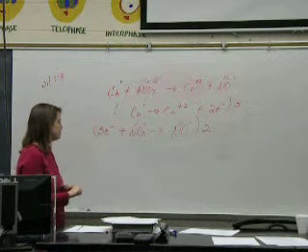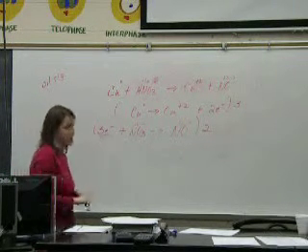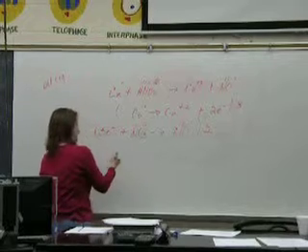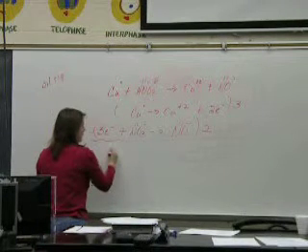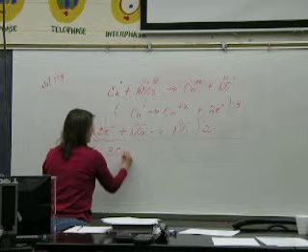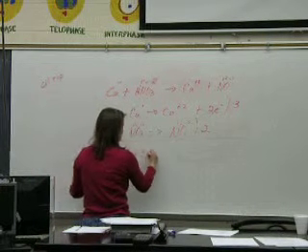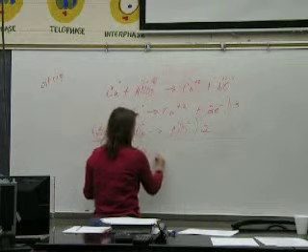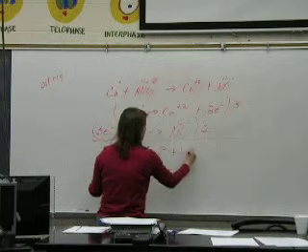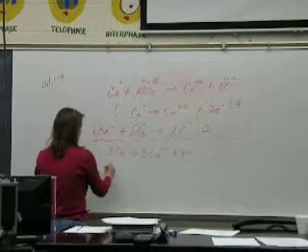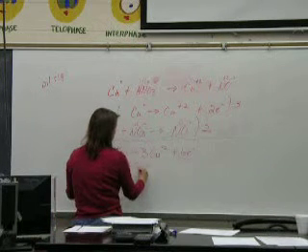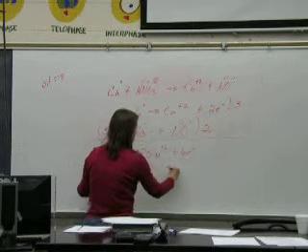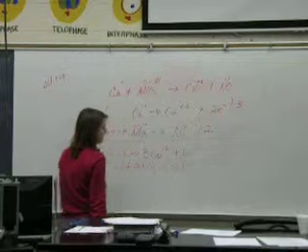Okay? And then I'm going to rewrite. So I have 3 copper going to 3 copper with a plus 2, plus 6 electrons. 6 electrons plus 2 nitrate going to 2 nitrogen monoxide.